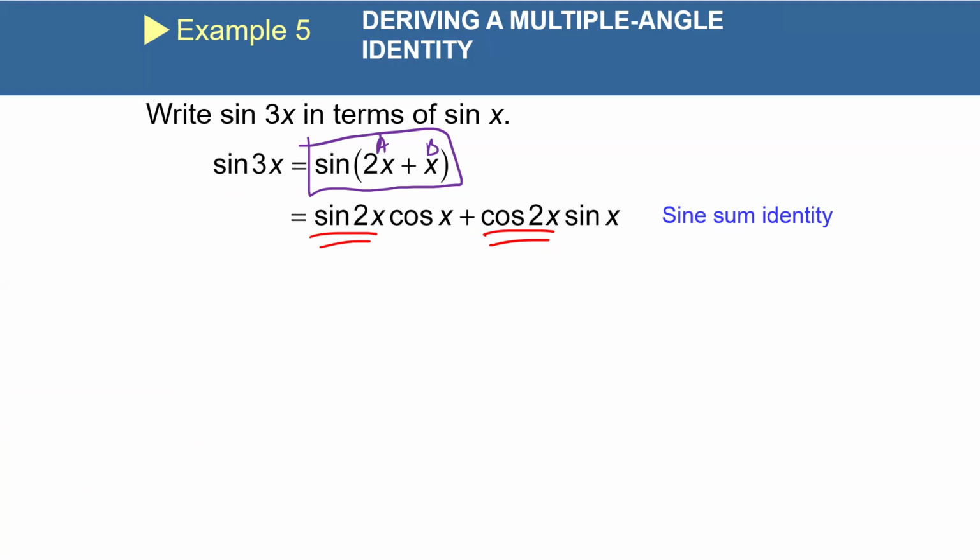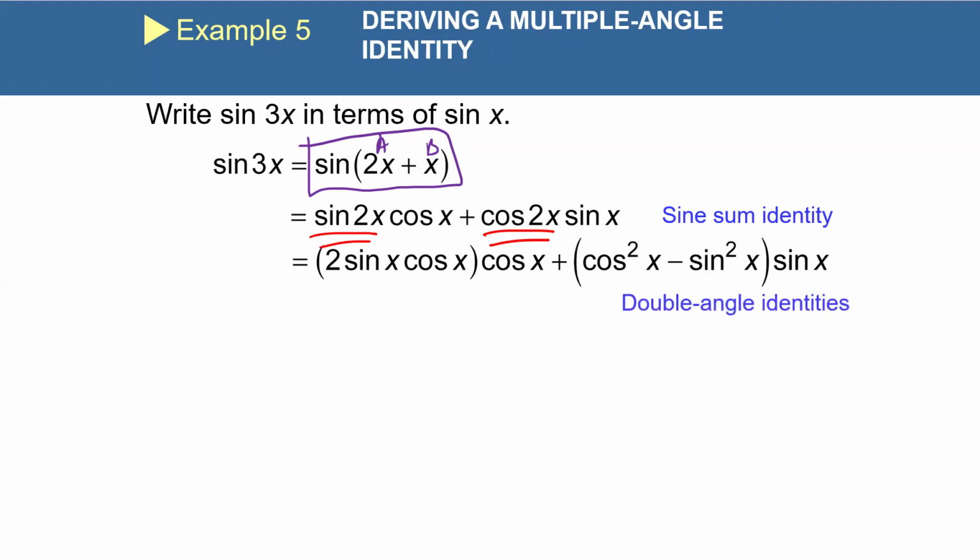Do you see why I'm gonna use double angles now? You have cosine 2x and sine 2x. So when we plug in our double angle identities, for sine 2x, we substitute in 2 sine x cosine x. For cosine 2x, we substitute in cosine squared x minus sine squared x.